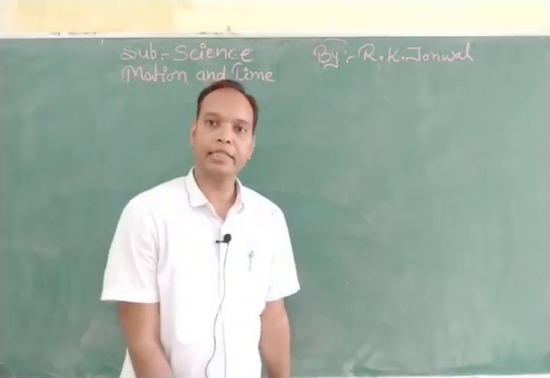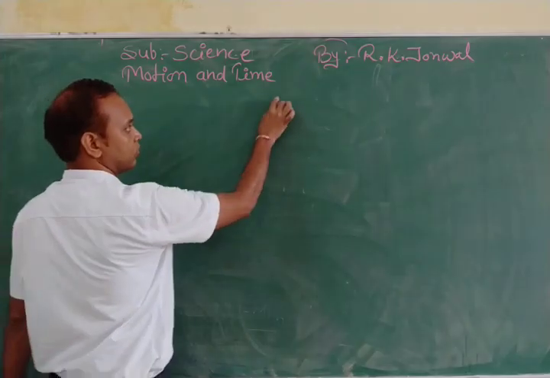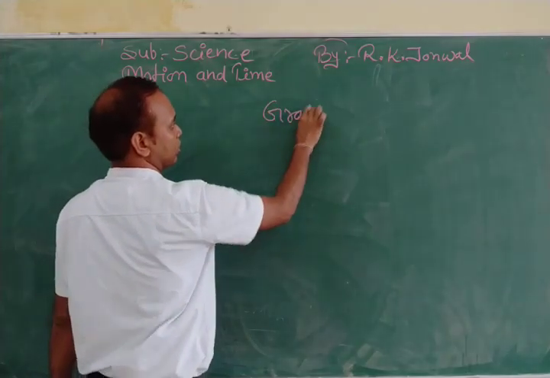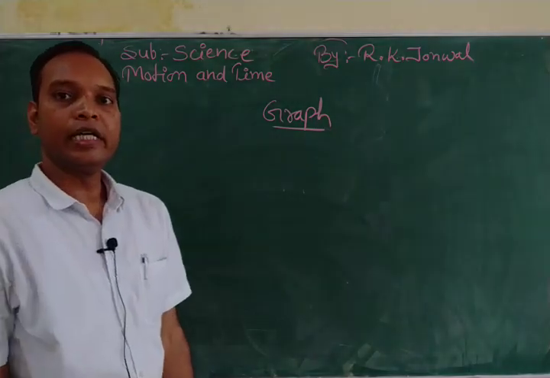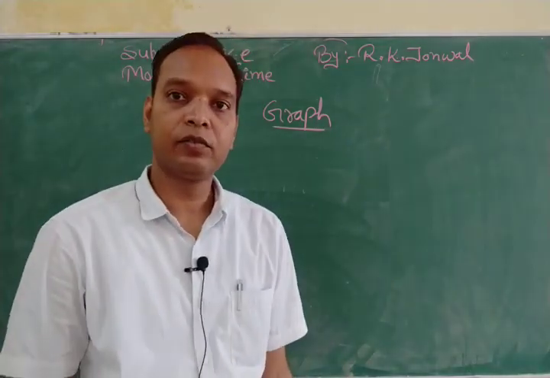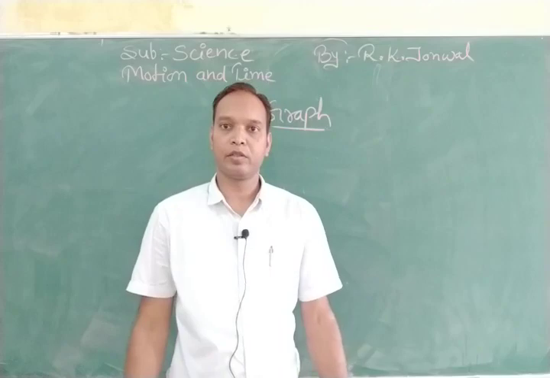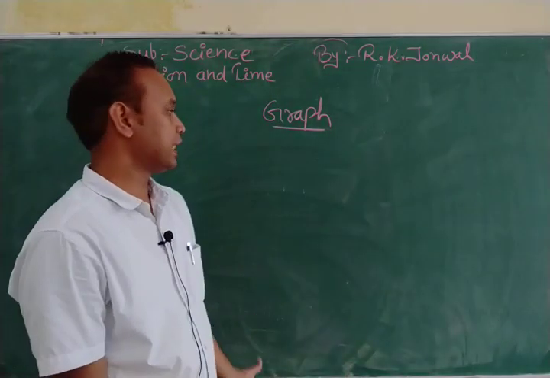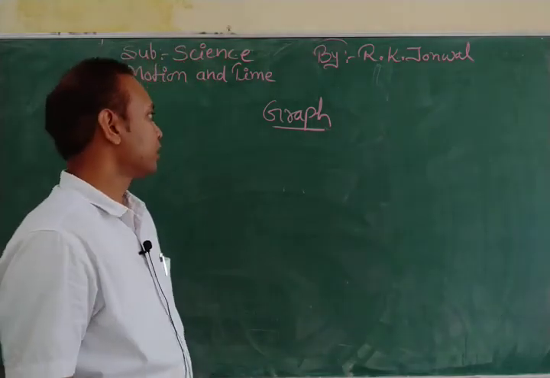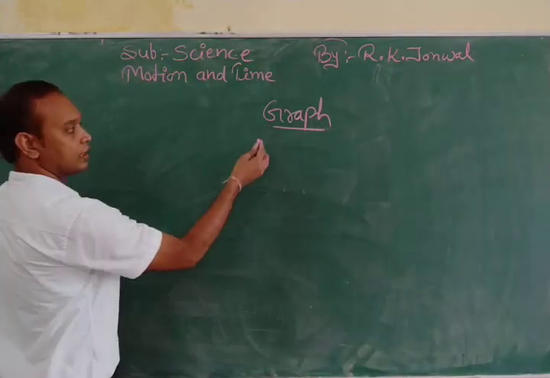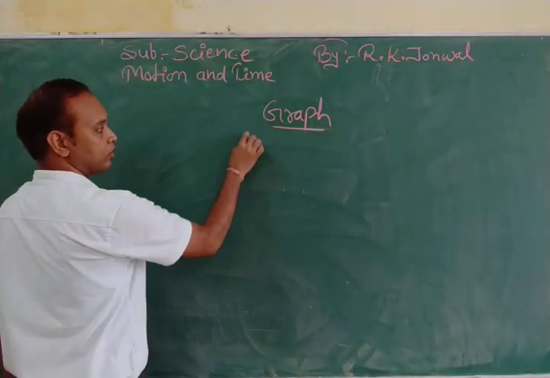Now the second thing is graph. You have already heard about the graph. What is a graph? How can we plot graphs? What precautions must we take at the time of plotting a graph? So students, here are three types of graph we studied.